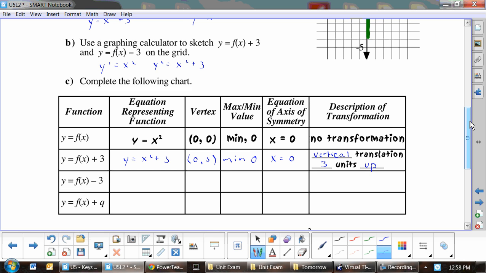So I bet we could do the f of x minus 3 without even looking at the graph, right? So what is the vertex of a graph where it's x squared minus 3? 0 and negative 3. Thank you, Andrew. Okay? Yeah, sorry. 0 and negative 3. And would our axis of symmetry change or stay the same?